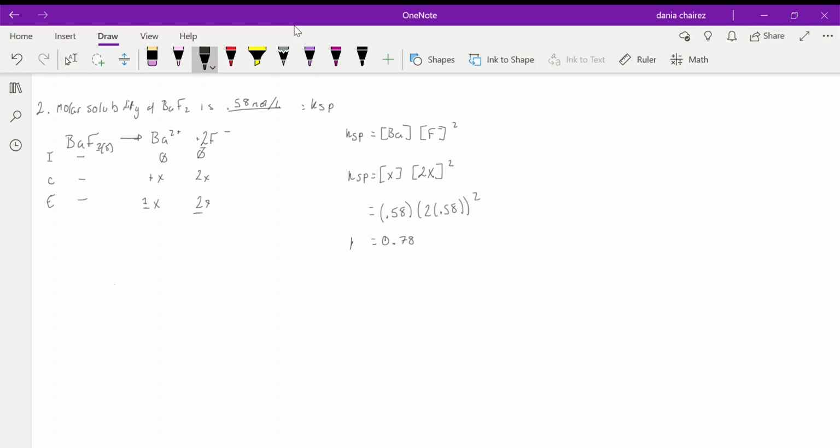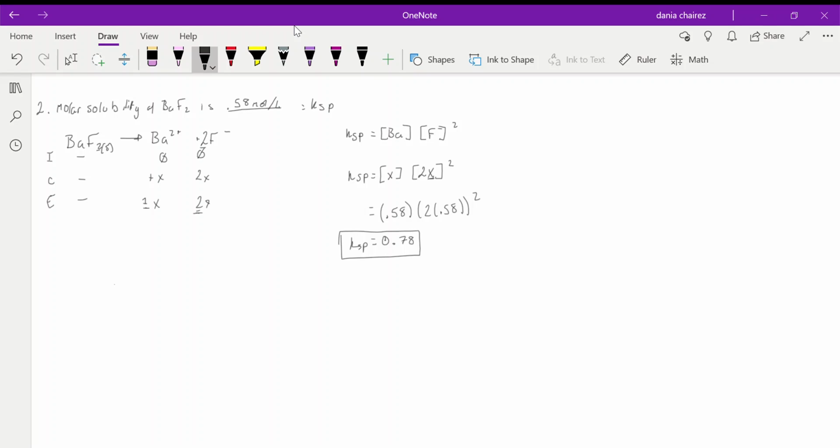0.78 would be our Ksp. So yeah, essentially putting these two in front of the x here is what gave me my concentration of ions, because now it's times 2, and then we just plug it into our Ksp formula, which this would be squared. Yeah, that should be fine.